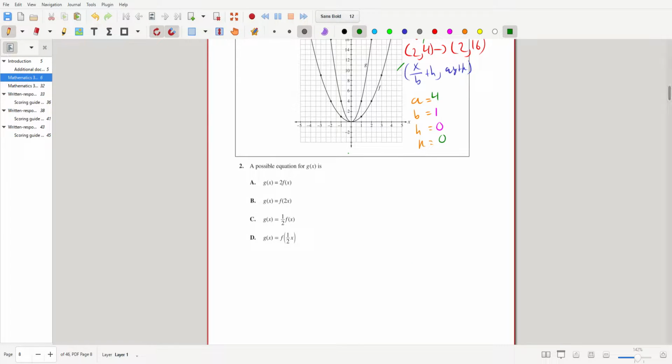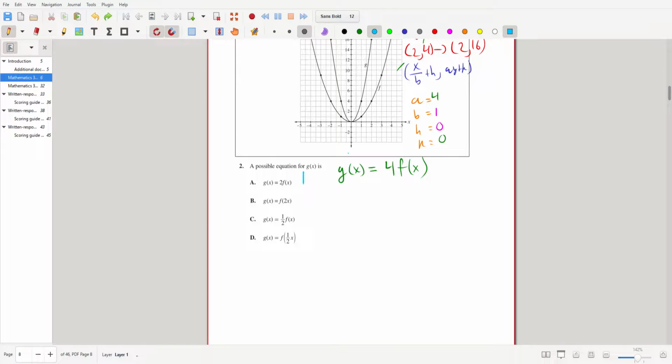Alright. So now we can write an equation for g of x. So g of x is equal to 4f of x. Now, you'll notice that this does not match any of these. So what we can basically do now is set g of x to each of these options.